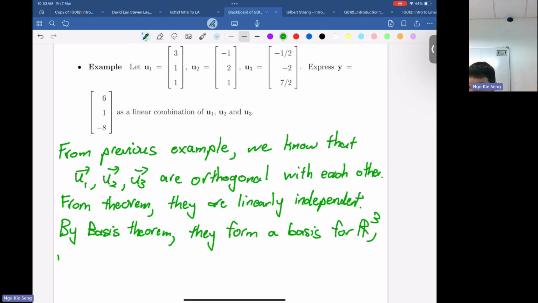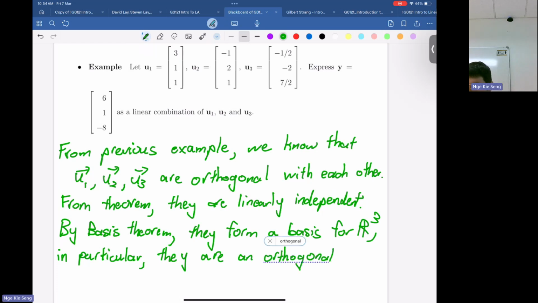In particular, they are an orthogonal basis. So you can use the previous theorem there.